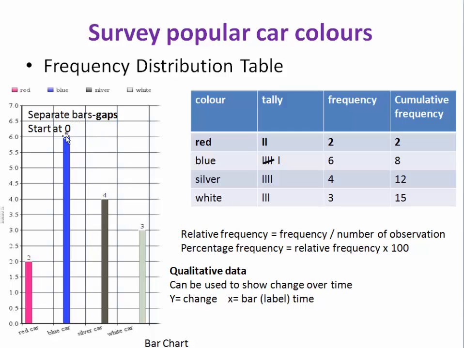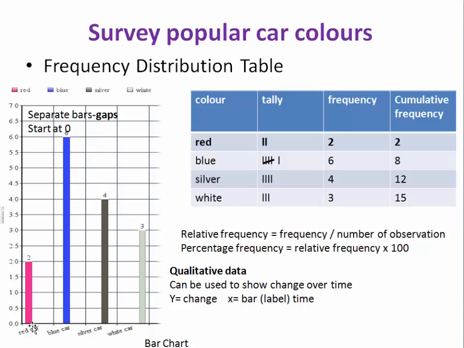We can then show this data in the form of a bar chart. A bar chart has the number of cars, or the number scale, on the vertical axis, and then the qualitative things on the x-axis, on the horizontal axis.